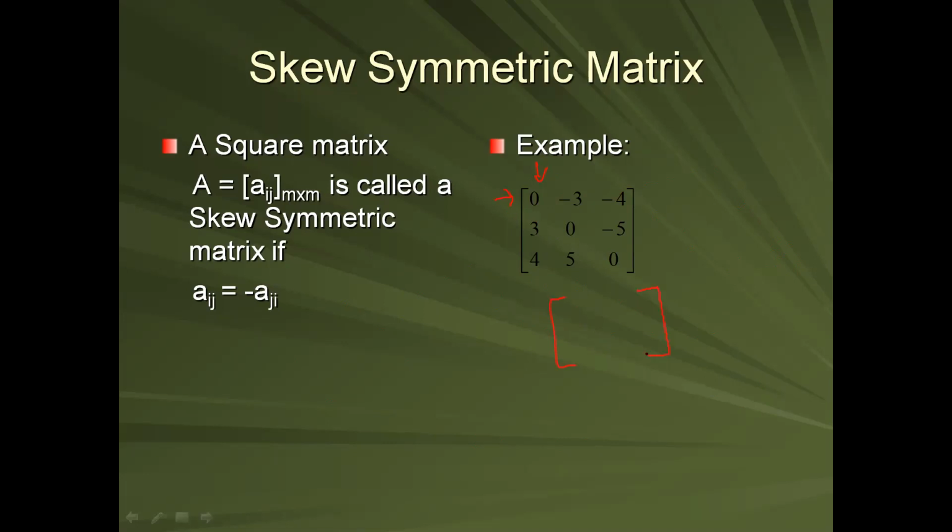Any query? Now give me one example for a 4 by 4 skew symmetric matrix. Who will give? Chalo, Parth, give me the first row.